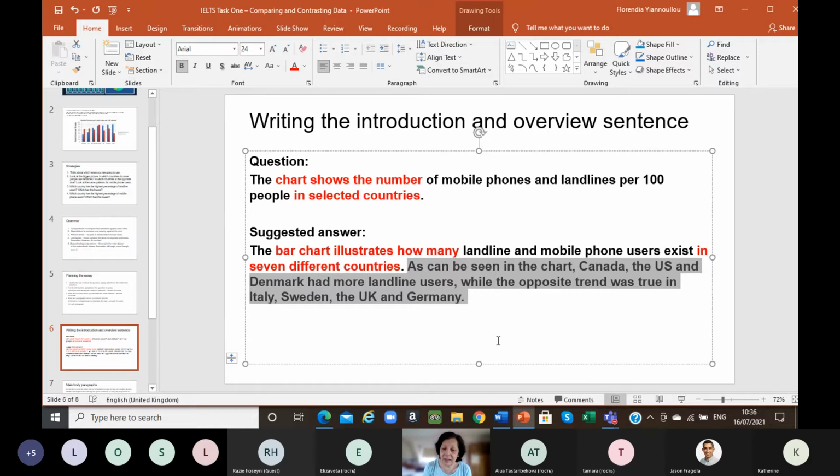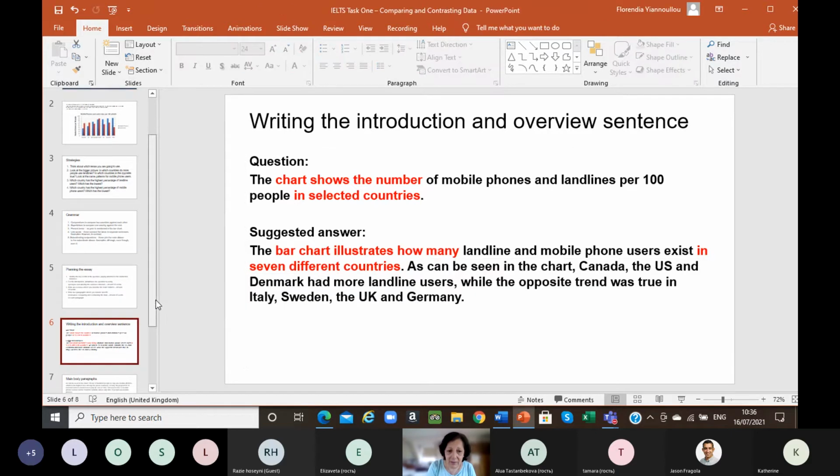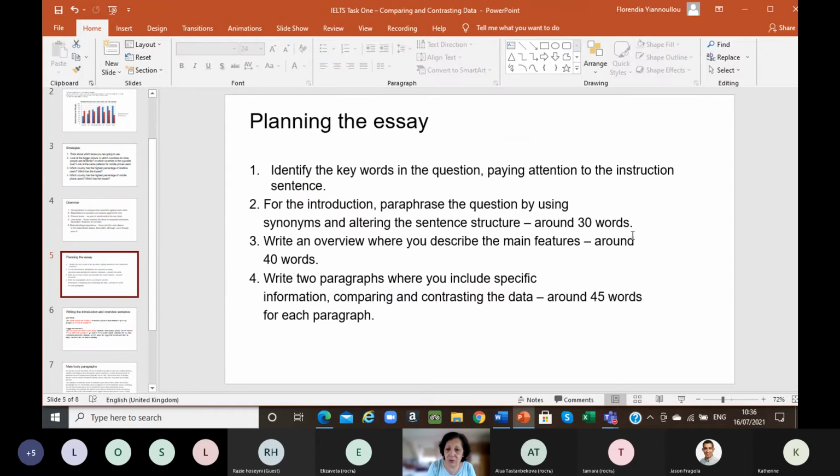And it's like a general summing up of the essay. Now, as I've said there, you've got your introduction, 30 words, your overview, 40 words. That's already 70 words of your essay. So you will have that at the beginning. Then you use 1 or 2 paragraphs.